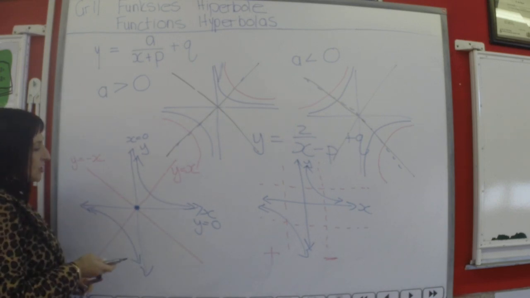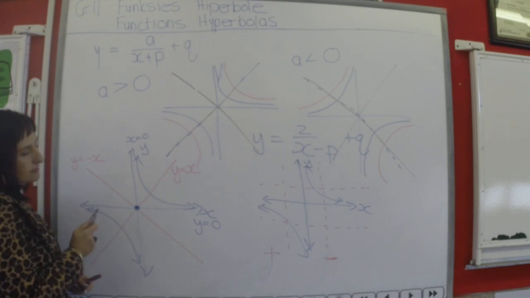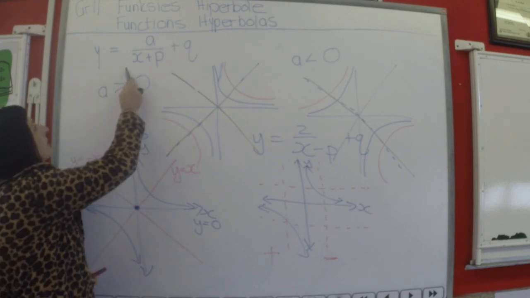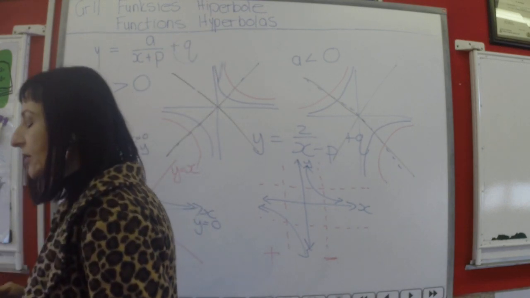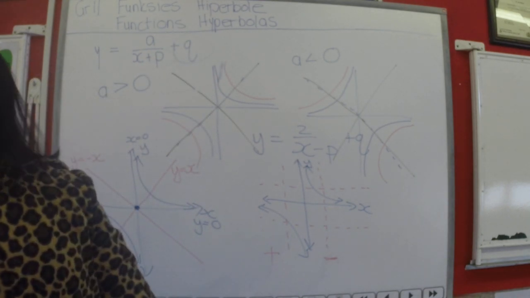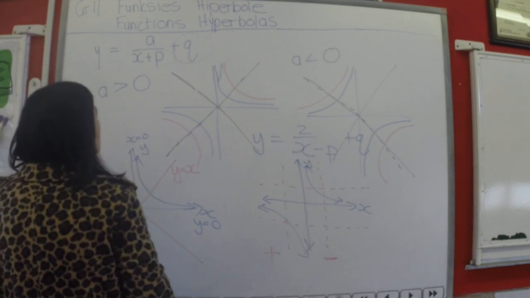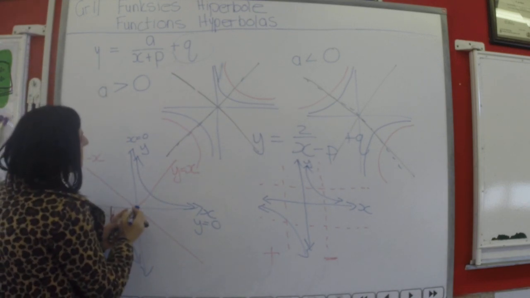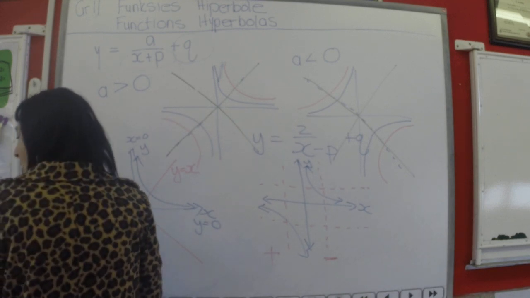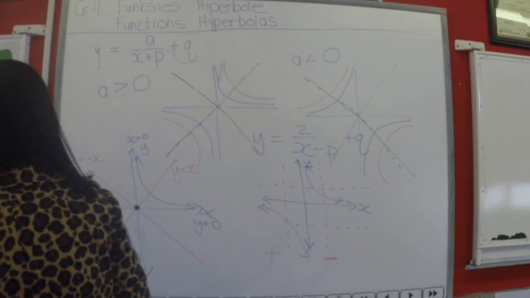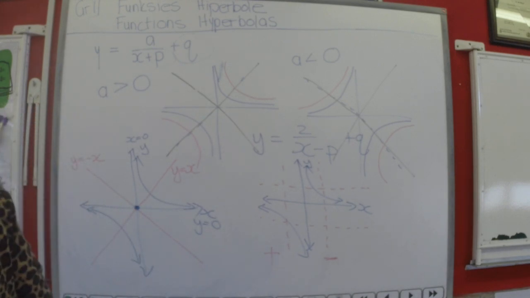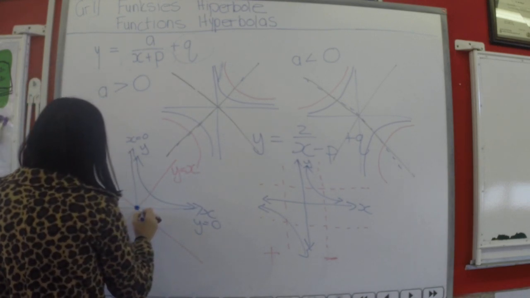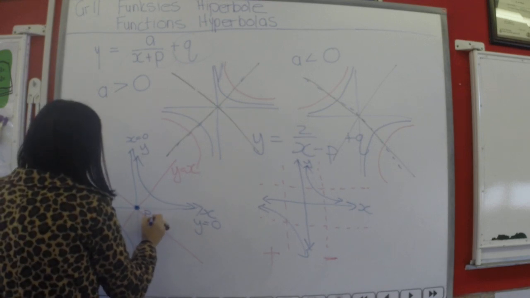But when this picture is now shifting, P units or Q units, P left, right, Q up, down, then that point will change. It will not be the 0, 0 point anymore, but now it will be the point minus P, or actually PQ.